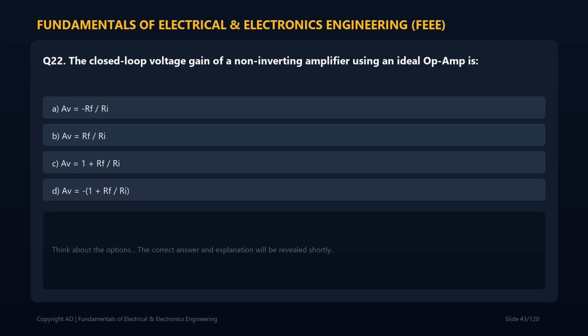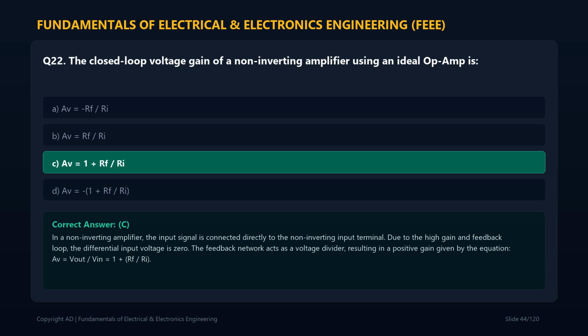Question 22. The closed-loop voltage gain of a non-inverting amplifier using an ideal op-amp is option A, AV equals minus RF over RI, option B, AV equals RF over RI, option C, AV equals 1 plus RF over RI, option D, AV equals minus 1 plus RF over RI.